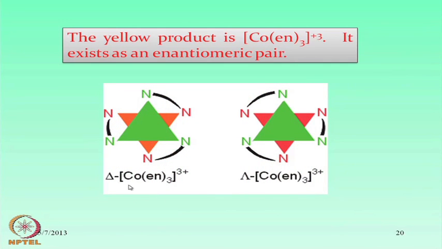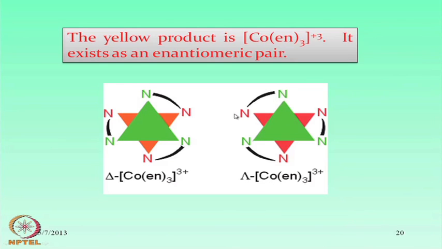So, one is therefore the arrangement which leads to the delta [Co(en)3]3+, where we have the clockwise arrangement from top to bottom, and the other one from top to bottom, that means the green triangle to red triangle, in counterclockwise direction, and this counterclockwise direction will give rise to the corresponding label as lambda. So, these delta and lambda isomers are there for us in this particular case.